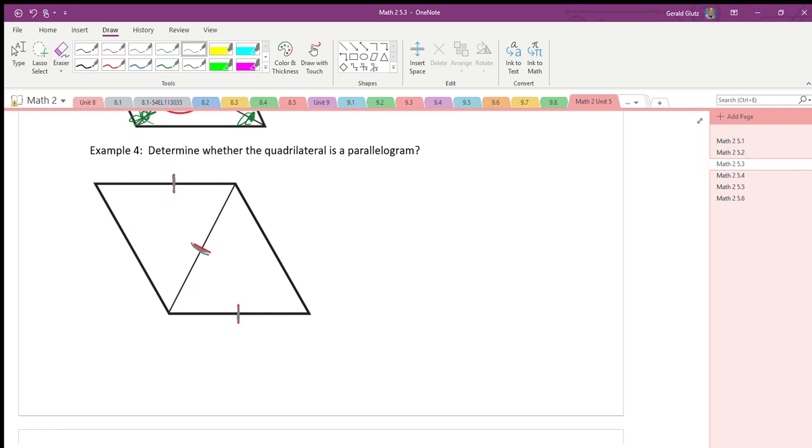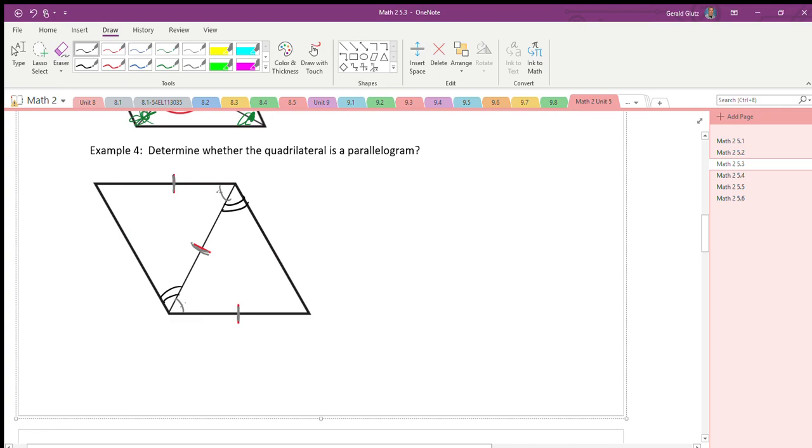So notice that we have a little transversal here. So I know that these two angles are congruent to each other because they are alternate interior angles. I know that these two angles are congruent to each other because they're also alternate interior angles.